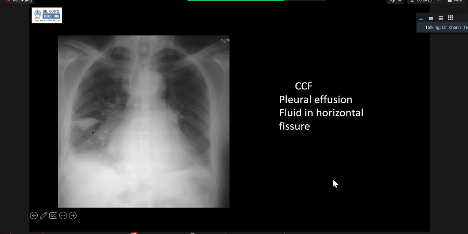It may look like a tumor. We've seen that in our session 1 when we did pleural abnormalities. But what happens when you treat cardiac failure? You take an X-ray again, cardiac failure has been treated, and this lesion would have disappeared. So that's why it's also called a phantom tumor or a vanishing tumor, okay? So this is the typical appearance of encysted fluid within the fissure.